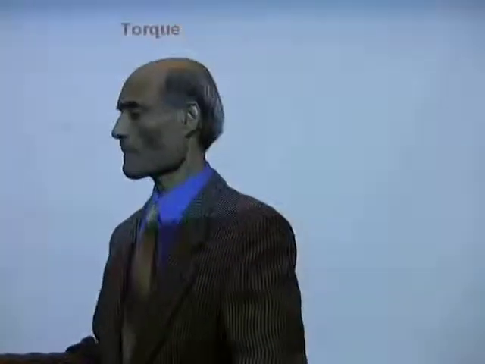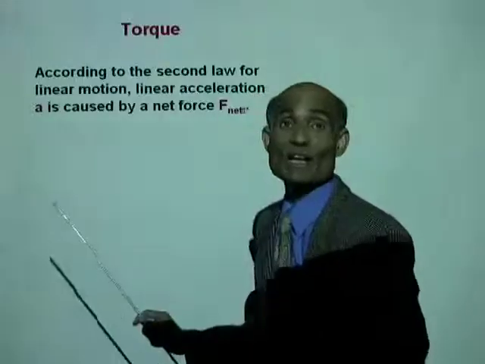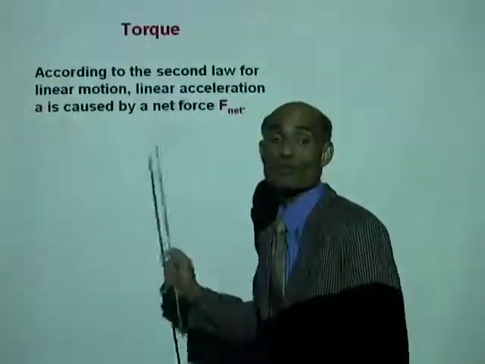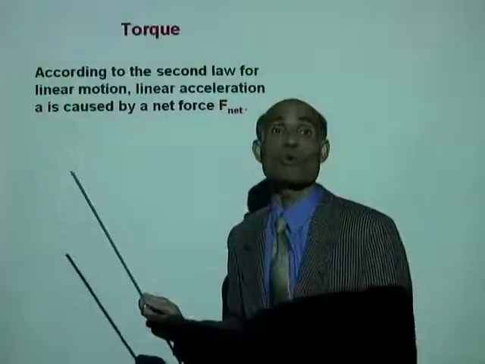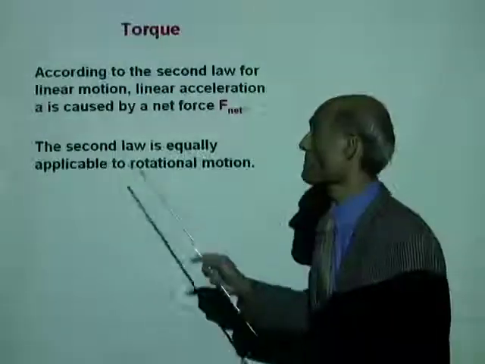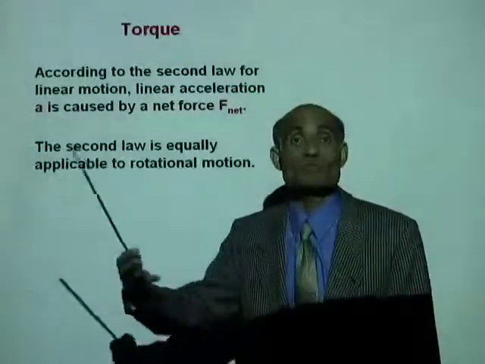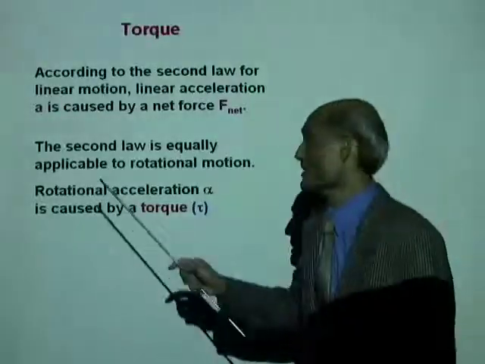Alright, let's put that down in writing. As we discussed earlier, a linear acceleration a is caused by a net force F net. The second law of motion is equally applicable to rotational motion.